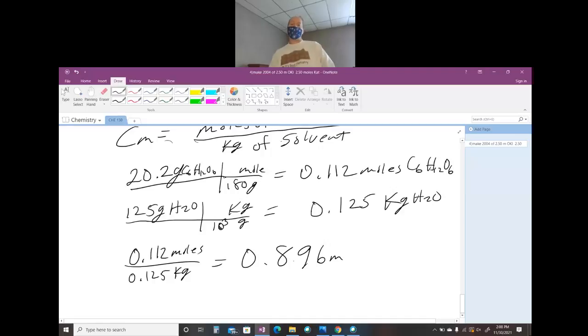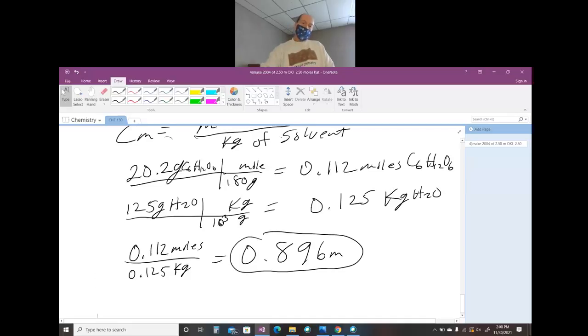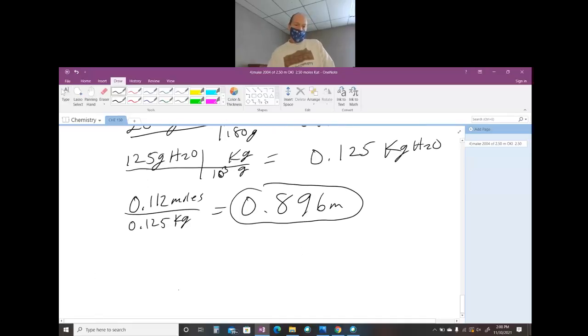So that's a 0.896 molal solution. So there is your molality, and now we can get our answer. Again, our delta T sub F is equal to i Kf C sub m. Now we have our C sub m, concentration molality, 0.896.